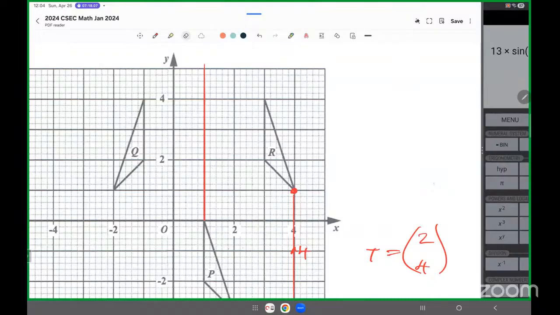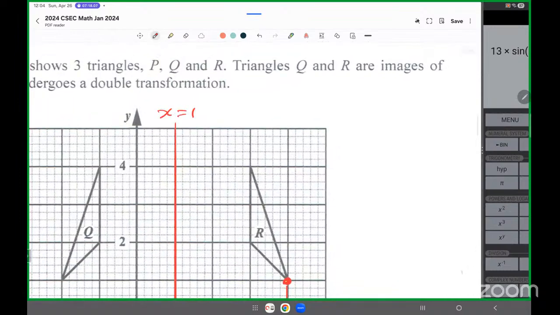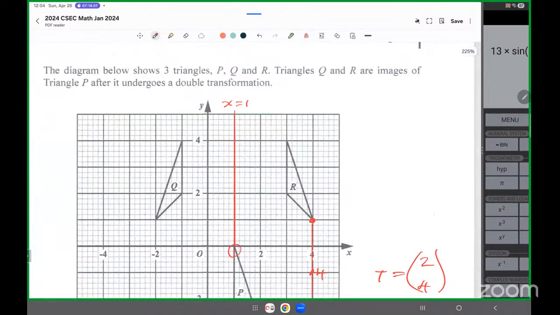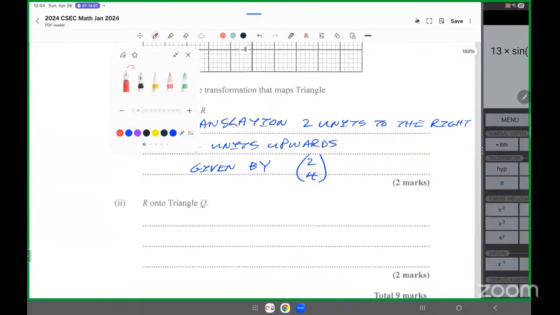That mirror line is a vertical line passing through 1. So it is x equals 1. So reflection in the line x equals 1. When you're describing a reflection, you just state the mirror line as an equation or state the physical line, like the x-axis or the y-axis.